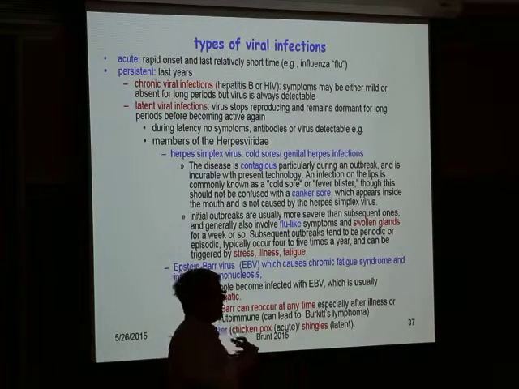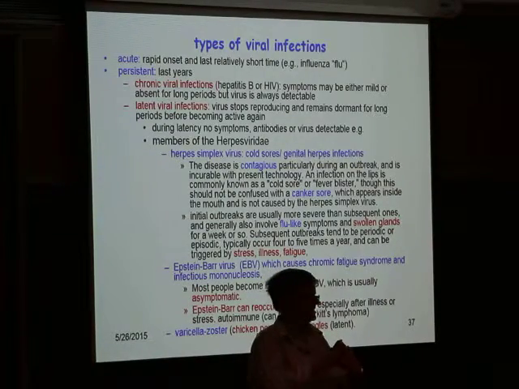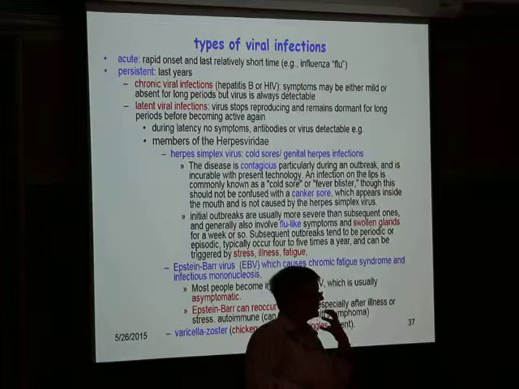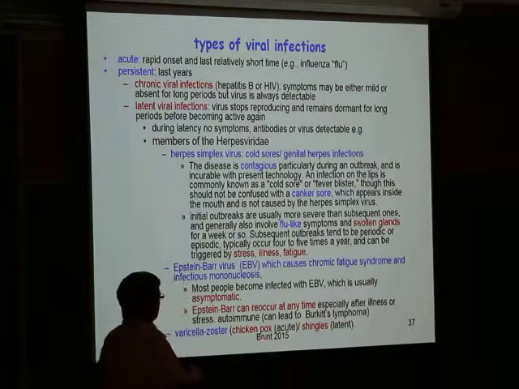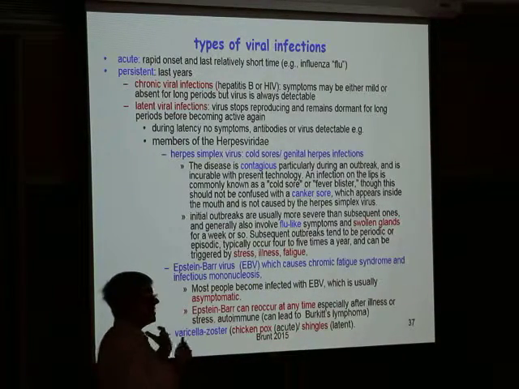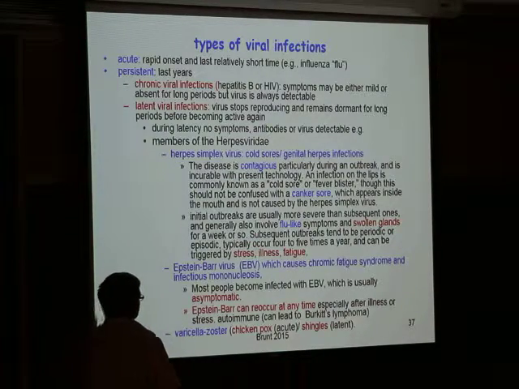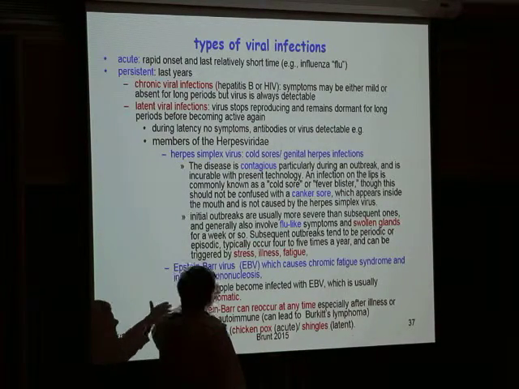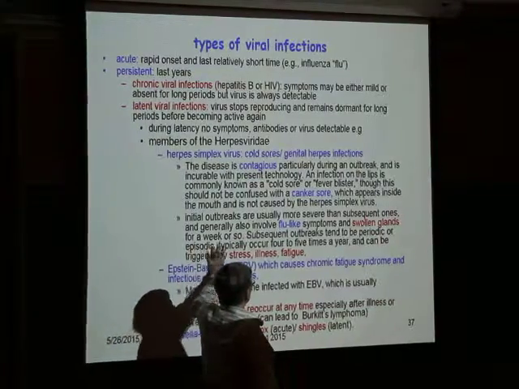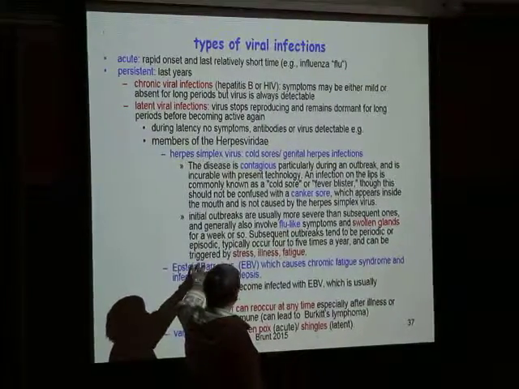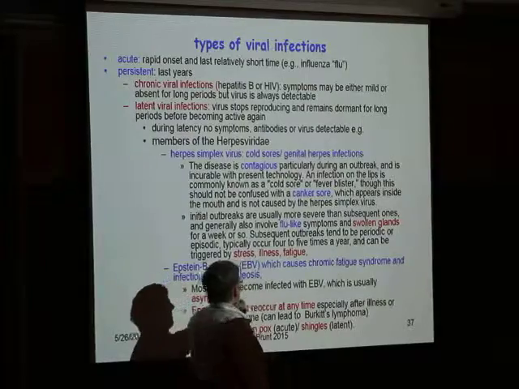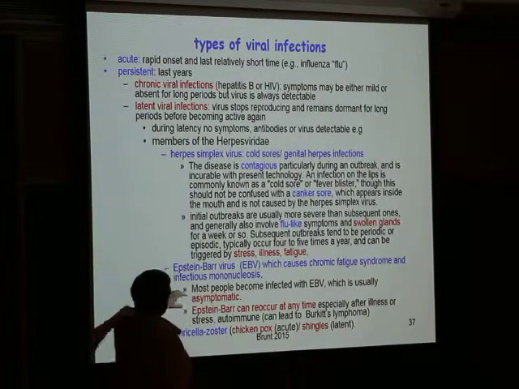Generally, the first time you have a herpes simplex virus, it doesn't manifest as a cold sore. It'll manifest like a flu-like illness where you feel sluggish, you just feel awful, you have swollen glands for a week or so, and then subsequent outbreaks will occur. Some people get them 4 to 5 times a year, triggered by stress, illness, or fatigue.